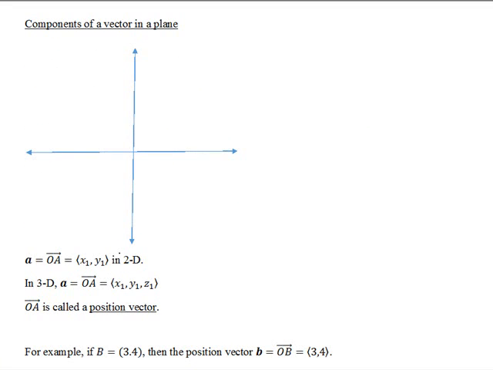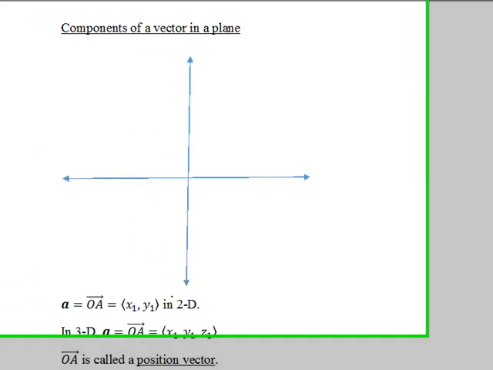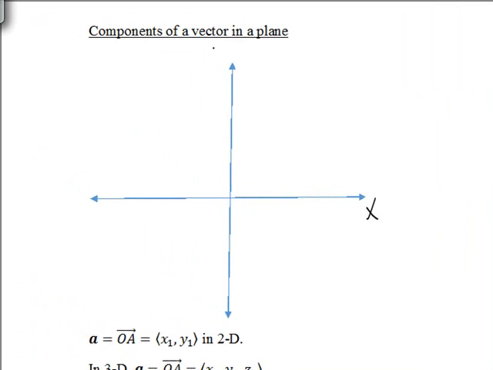Let's look at components of a vector in a plane. I'm going to introduce you to position vectors. Okay? So, two-dimensional system, X and Y. This is the point A, and let's call it X1, Y1.